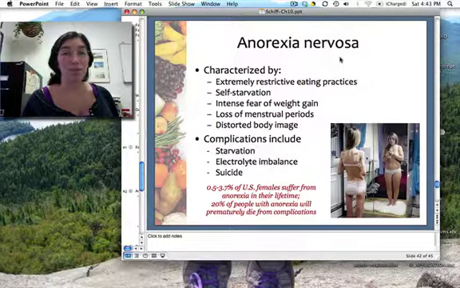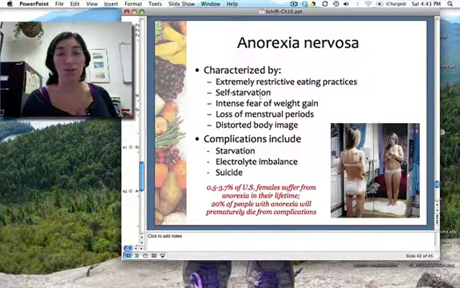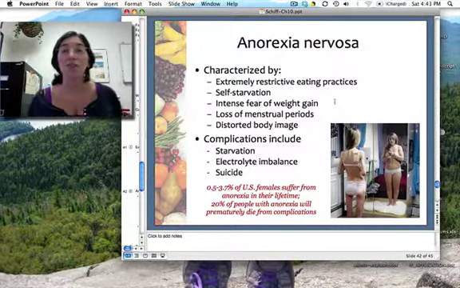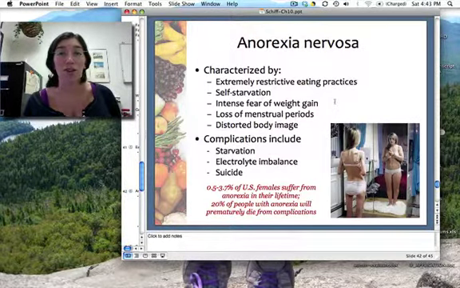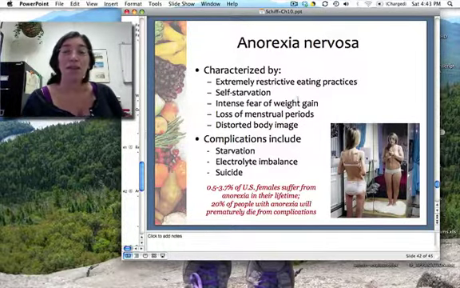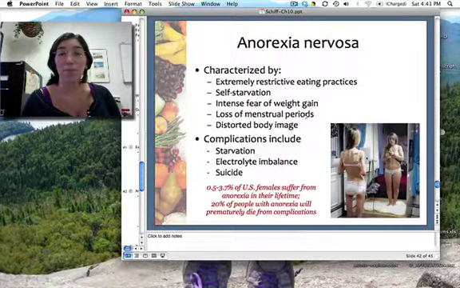day, definitely less than 500 calories a day, usually. It's a form of self-starvation, and some of the psychological issues are there's always an intense fear of weight gain, sort of an obsession with being thin, and an intense fear of becoming fat. The severe caloric restriction results in a loss of menstrual periods.